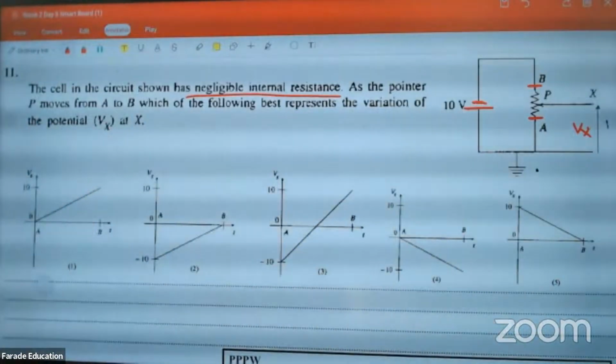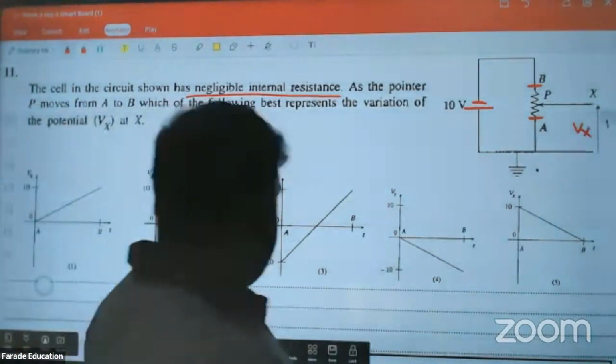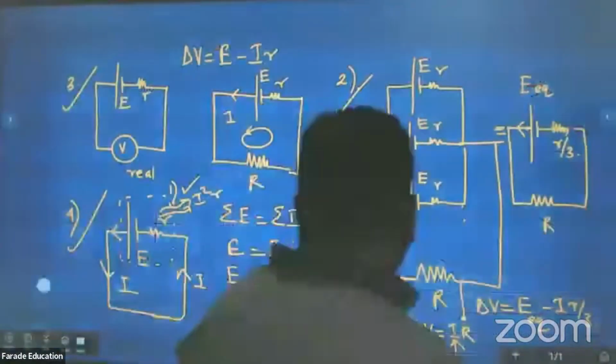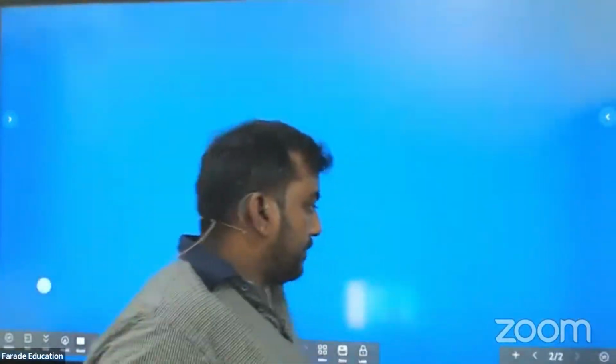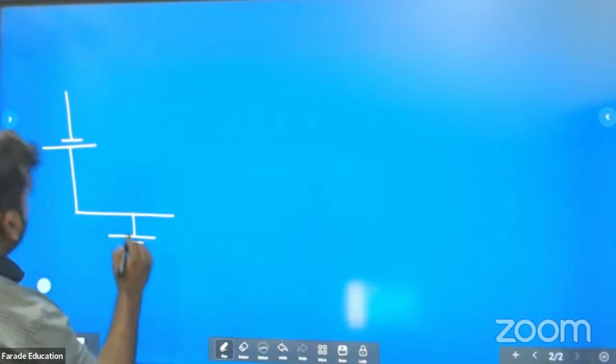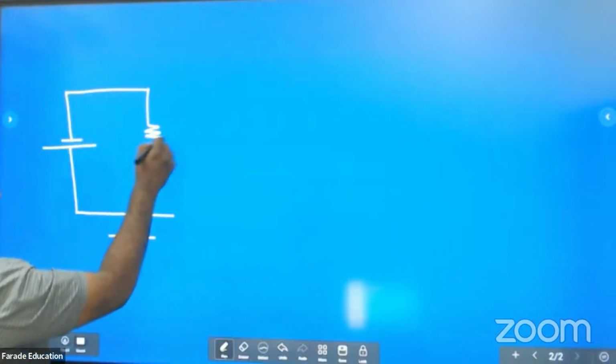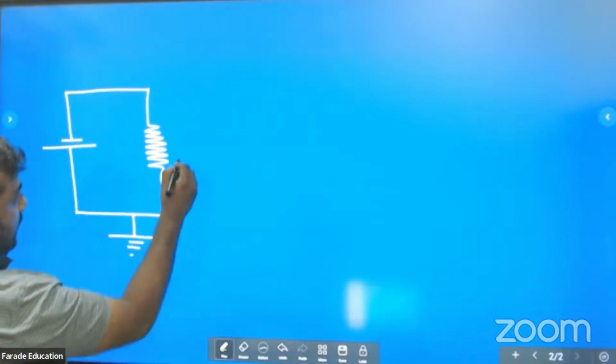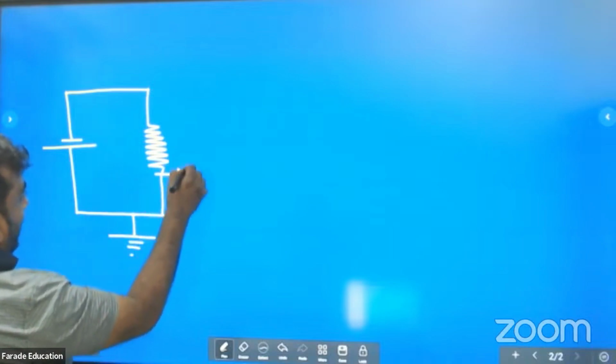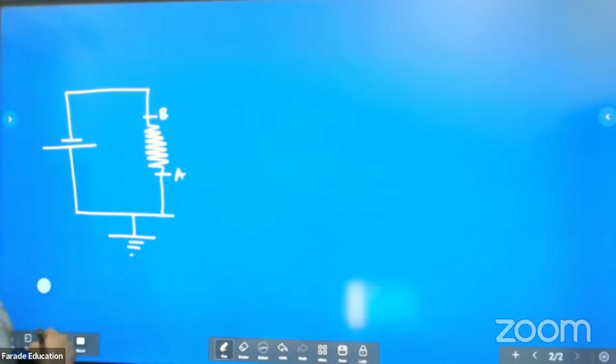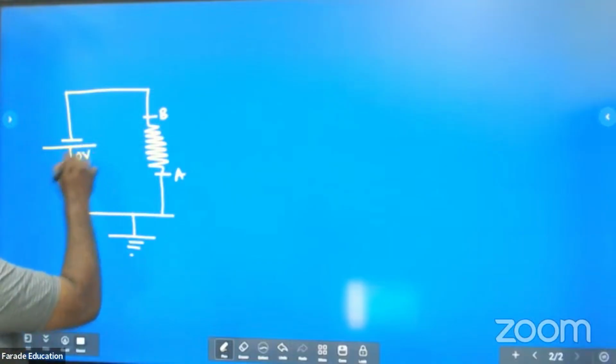Let me go back to the board to represent this carefully. Here negative, positive, grounded. Here you have a resistor. We are moving the pointer from A to B. So this is 0 volt. This is going to be minus 10 volt.